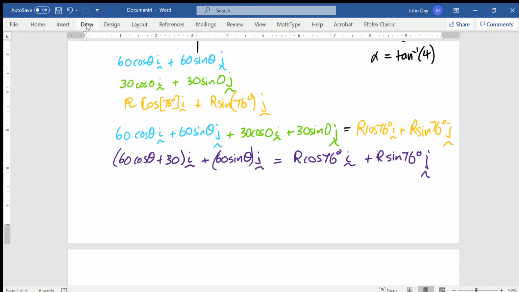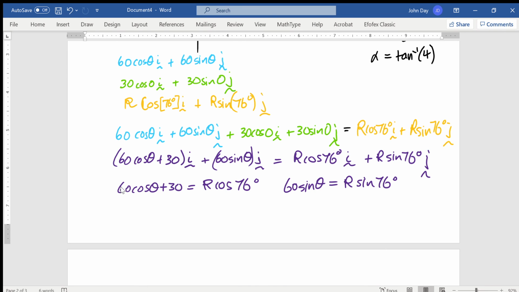What we'll have to do now is see if we can equate together. We can see that the horizontal, the i parts, are 60 cos theta plus 30 is equal to r cos 76. And we can see that 60 sine theta is equal to r sine 76.